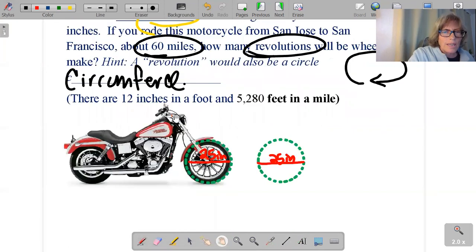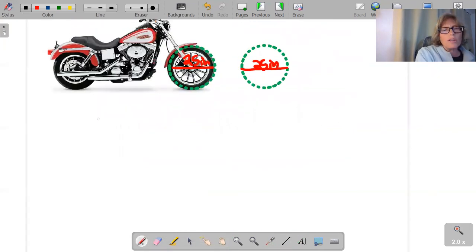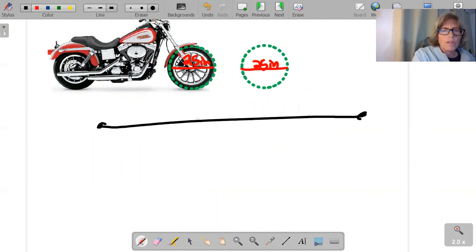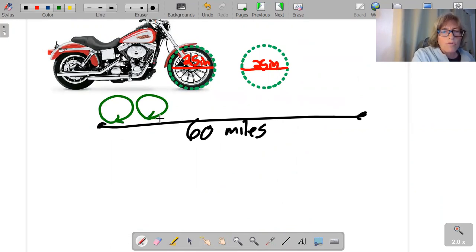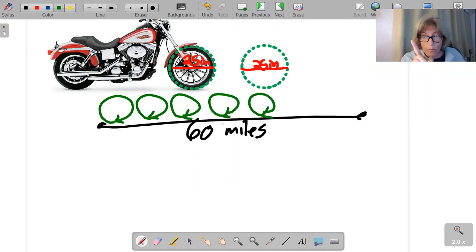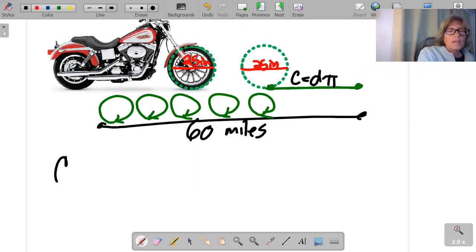So what we're asking here, hopefully you got started, is if you had a distance of 60 miles, how many times would this wheel revolve in order to travel that distance? Because every time it turned, it would travel forward a certain amount of distance. That traveling forward is the length of your circumference, c equals d pi. So that's the first thing we're going to find. Circumference equals diameter times pi.